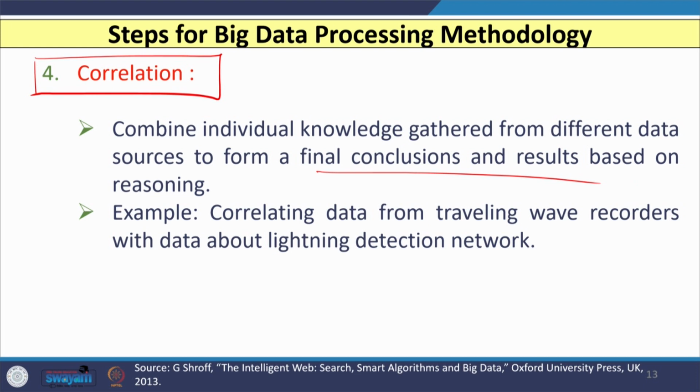Examples are correlation algorithms for correlating data of travelling wave recorders with the data of the lightning detection network. If you combine lightning detection network data with travelling wave data, that can be really helpful for deciding whether the travelling waves were generated because of a fault or because of lightning or a transient fault.